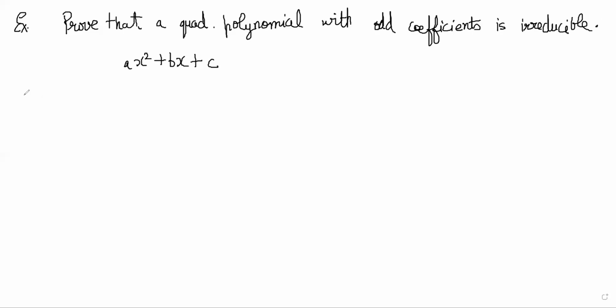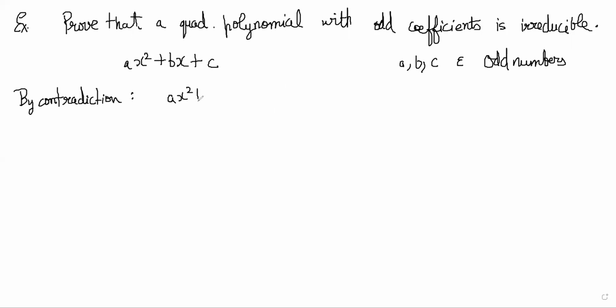So let's prove by contradiction. By contradiction, basically what we are saying is, let's assume that this is reducible. Here we have that a, b, c are odd. So let's assume that ax squared plus bx plus c is reducible.